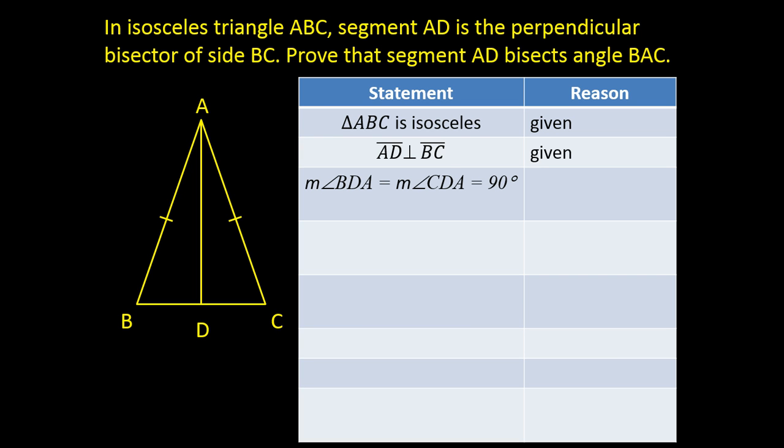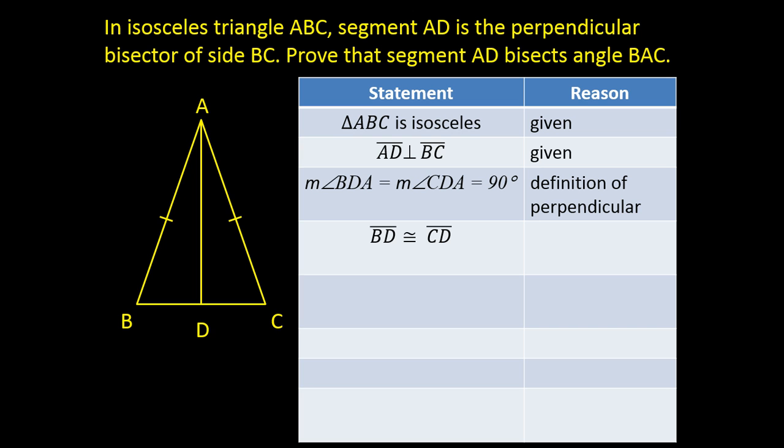And because we were told that segment AD is perpendicular to side BC, we can say that the measure of angle BDA and the measure of angle CDA would both have to be 90-degree angles. And that's because we were told that we have a perpendicular bisector of side BC. So the definition of perpendicular is that those angles have to be 90-degree angles.